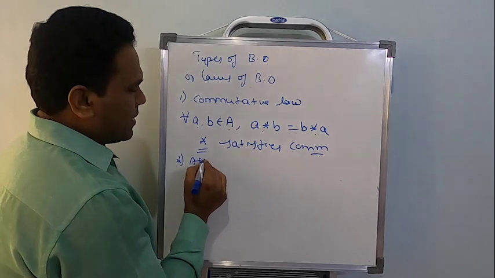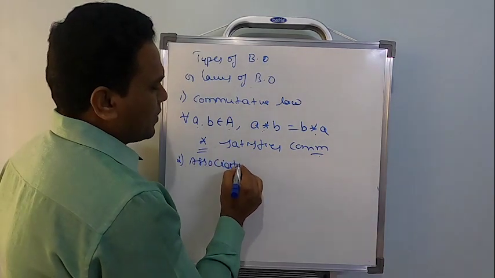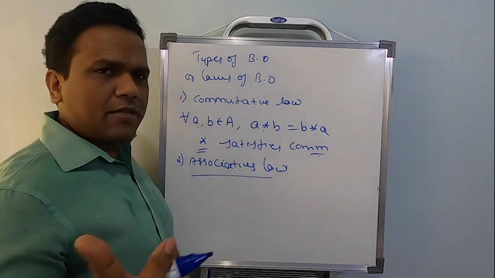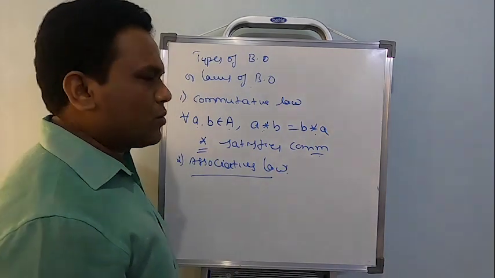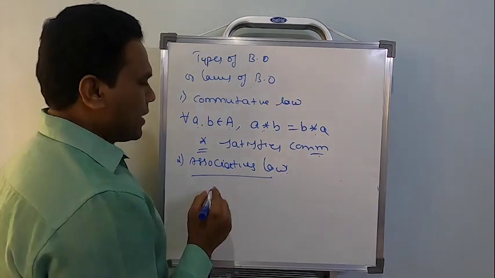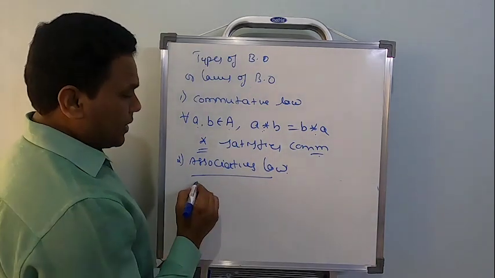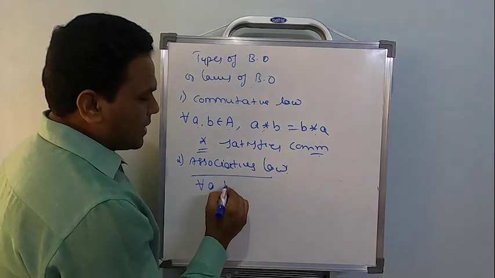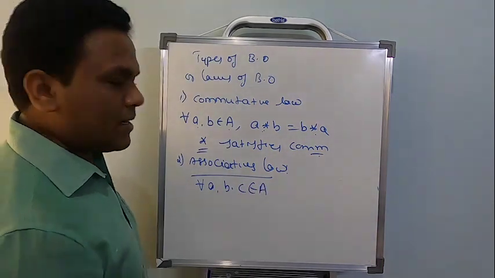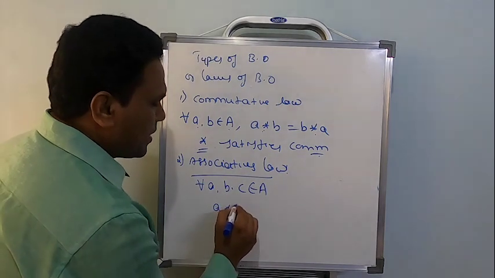The second one is called the associative law. So below each property there are some illustrative examples, you can go through that. Okay, I will mainly concentrate on NCERT. Fine. Okay, now associative property. To explain associative, you should consider any three elements from the given set, and between them apply star.